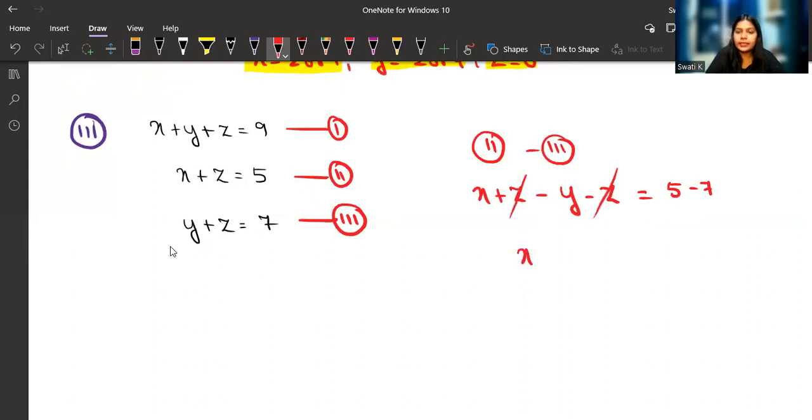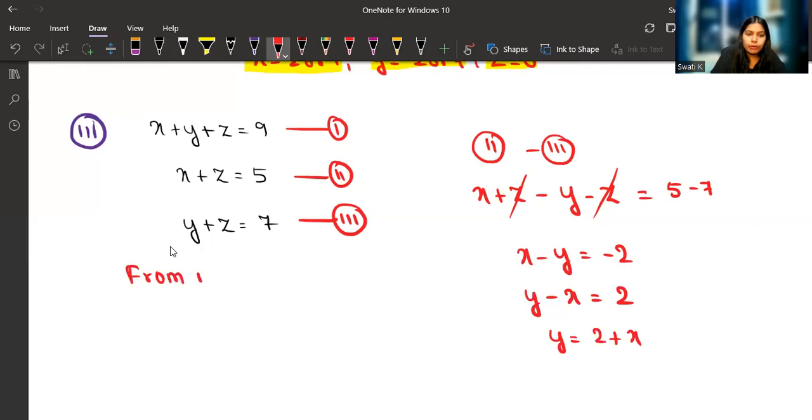So we're getting x minus y equals minus 2, which is the same as y minus x equals 2, right? Okay, so I have this y minus x equals 2, and I have x plus y plus z equals 9. So from here, I can see that y is nothing but 2 plus x, right?